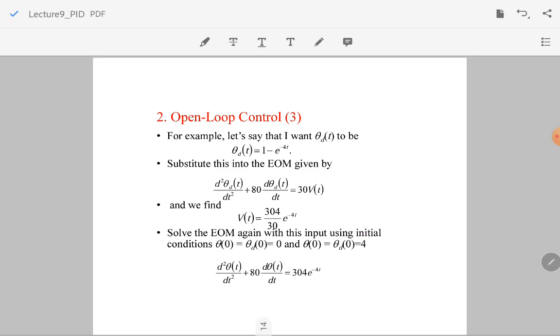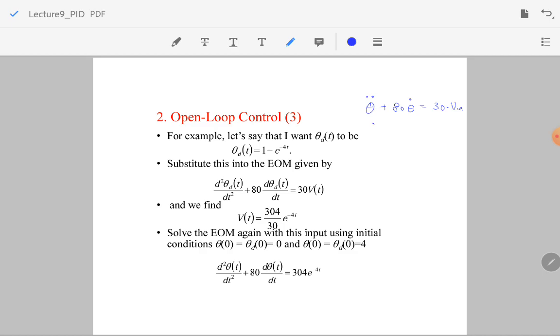So this is an actual example. This is the equation, where alpha is 30 and beta is 80. If you remember the actual equation, theta double dot plus 80 theta dot equals 30 times V in. What we're going to do is, I want my theta d to be 1 radian.